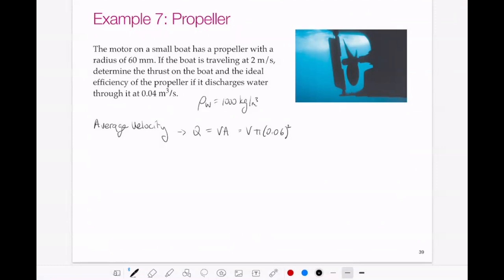And the discharge rate is 0.04 meters cubed per second. So from this, we can get our velocity of the fluid at the propeller is equal to 3.537 meters per second.